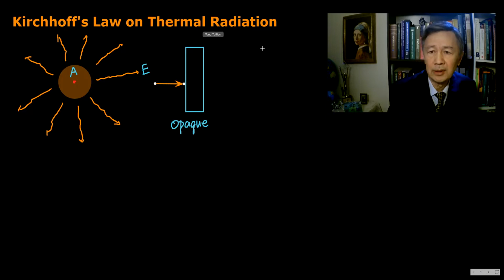In the meantime, absorption will occur. So there are at least two mechanisms associated with this interaction between the opaque object and the incoming radiation: absorption occurs internally, and reflection occurs on the surface.